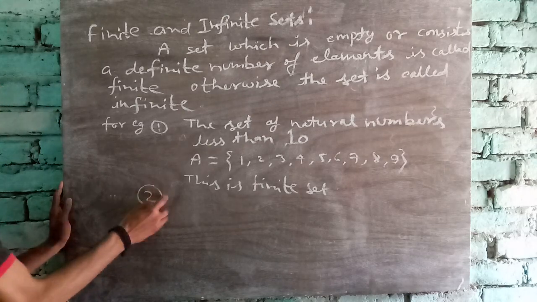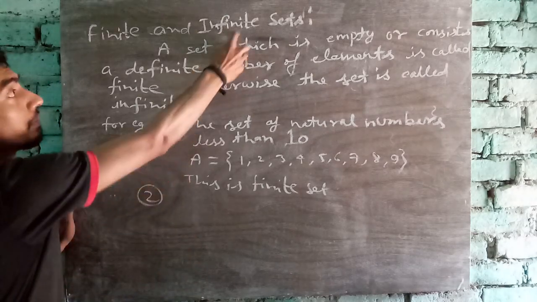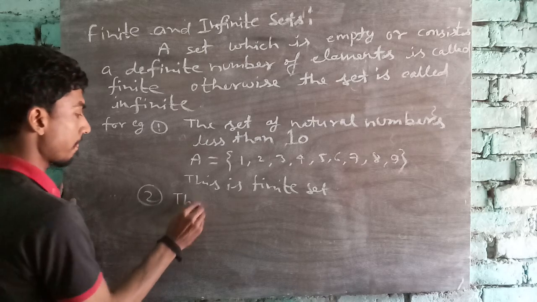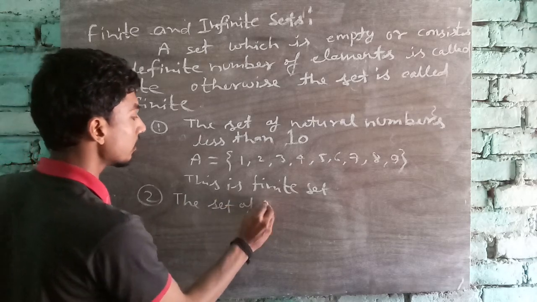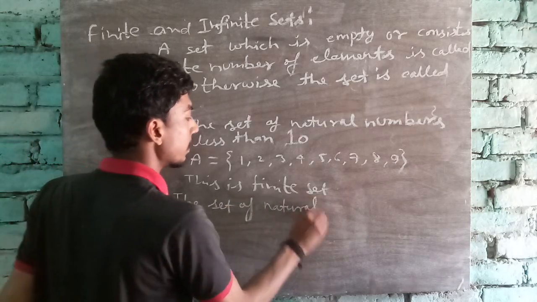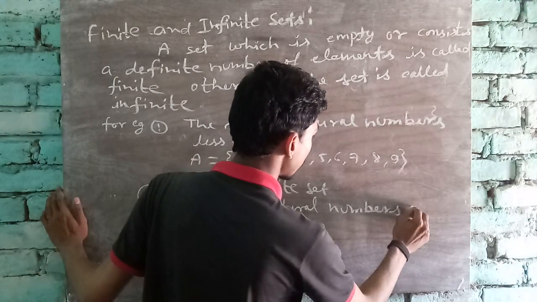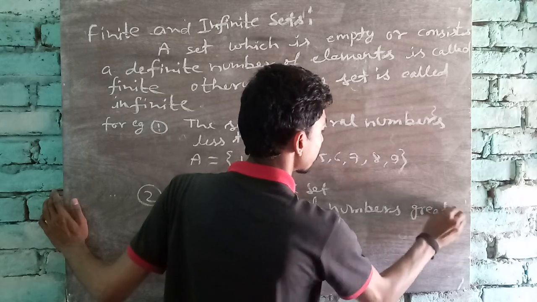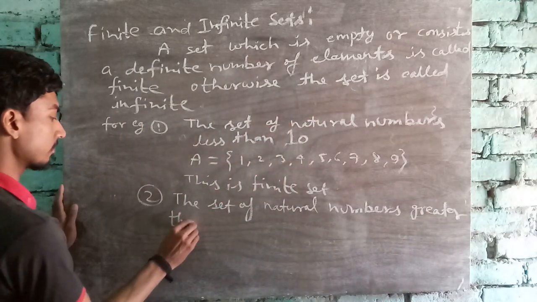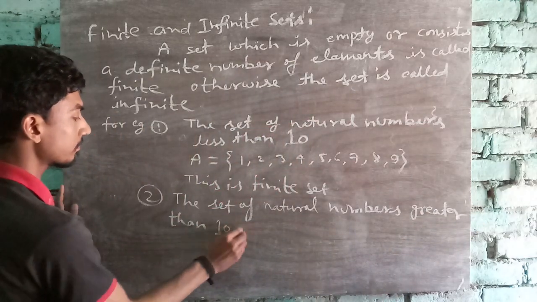Second, which is not finite, meaning an infinite set: the set of natural numbers greater than 10.